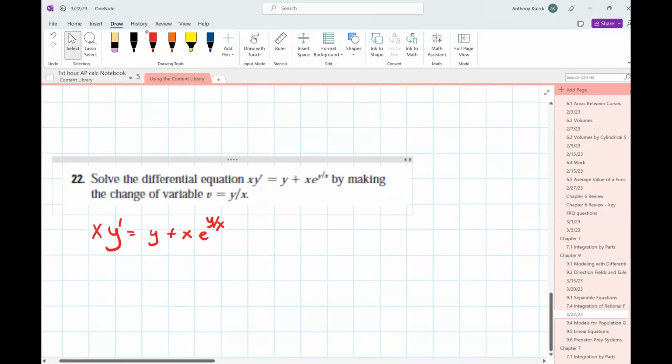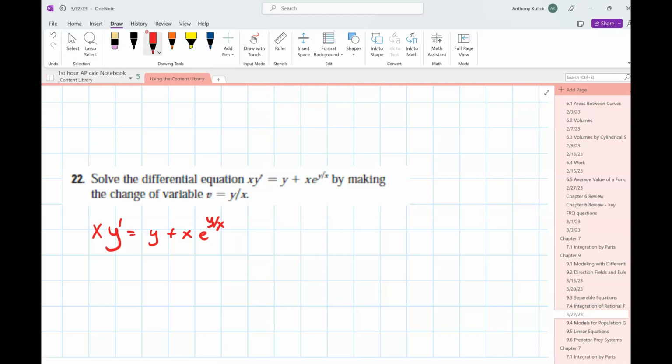So I suppose I would start by dividing both sides by x. And let's write that y prime as dy dx at this point.